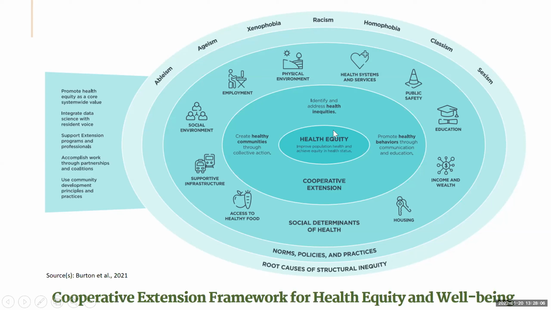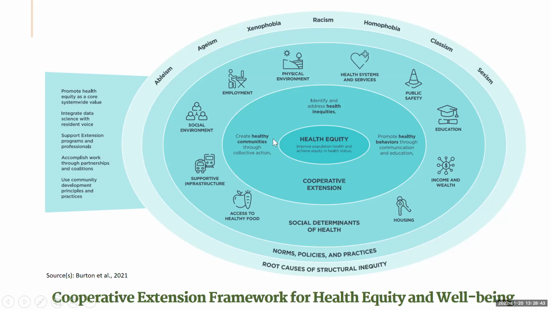So we can identify and address health inequities. And then we can work through two major streams of activity in order to do that. The first stream is promoting healthy behaviors through communication and education. This can be focused on either the general population or groups experiencing inequities in health outcomes. So it's not that this model is limiting our work to health disparities populations, but we are centering our work there.